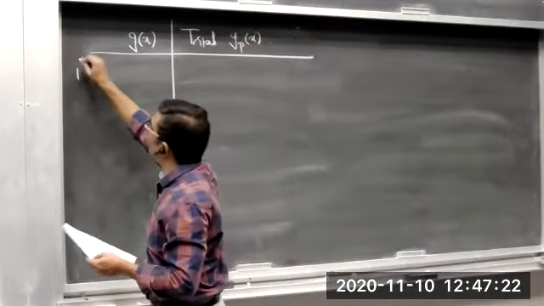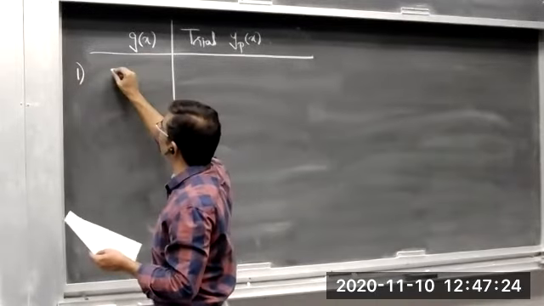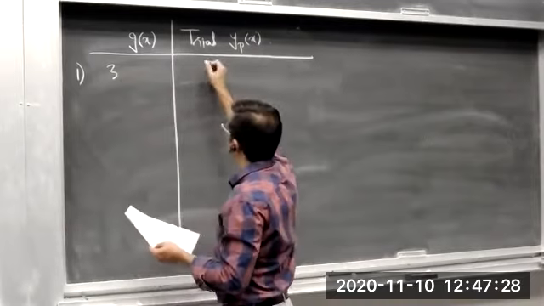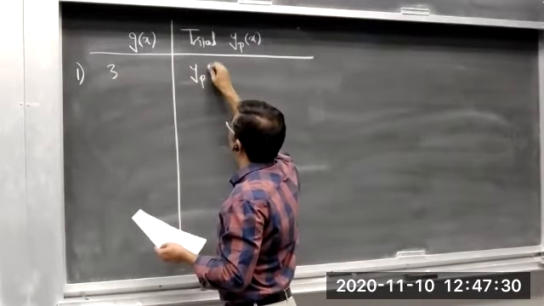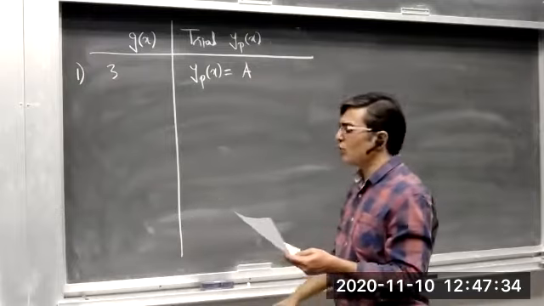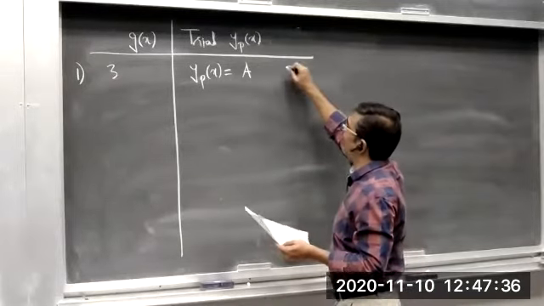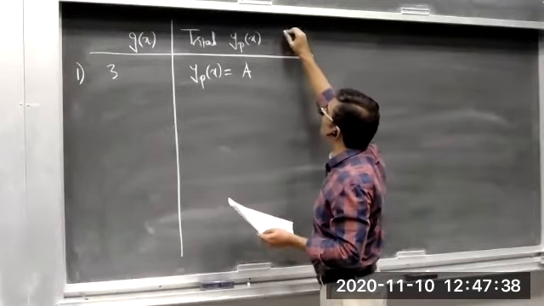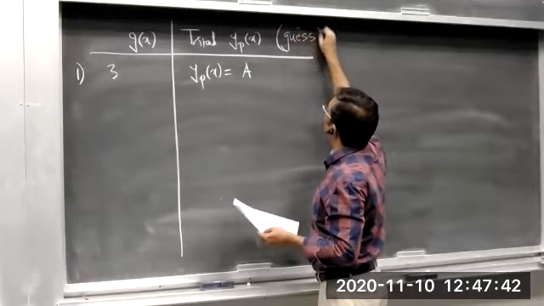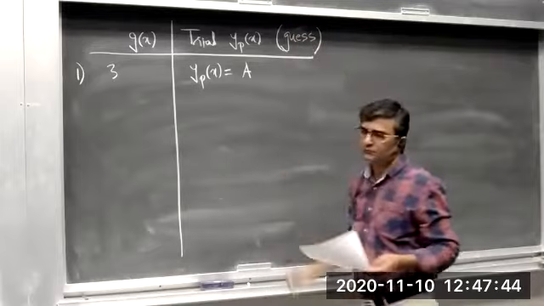Number one: if the right-hand side function is a constant, for example 3, then we assume that yp of x is a, some constant. This is your initial guess, or you can say an educated guess.